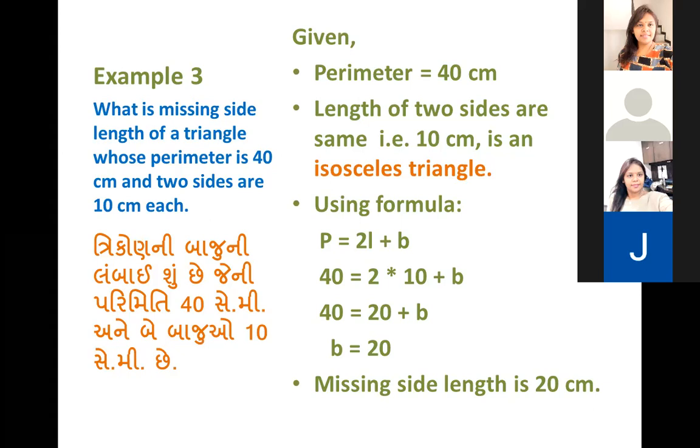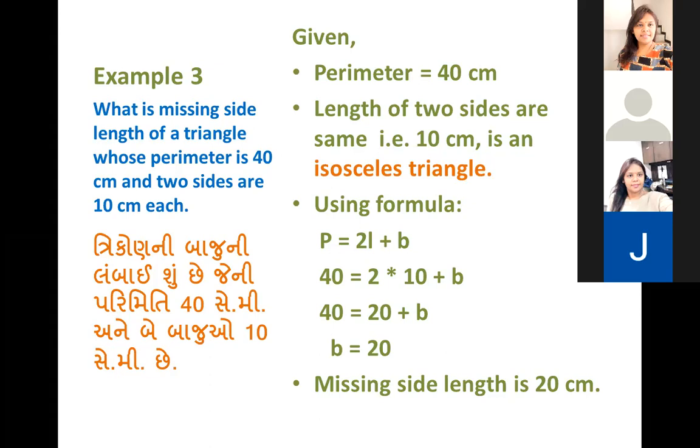Look here. Question number 3 says: what is the missing side length of the triangle whose perimeter is 40 centimeter? 2 sides are equal, 2 sides are 10 centimeter. Our question ની અંદર you have a triangle whose one side is missing, but the perimeter is given. Okay, so how could we find it?